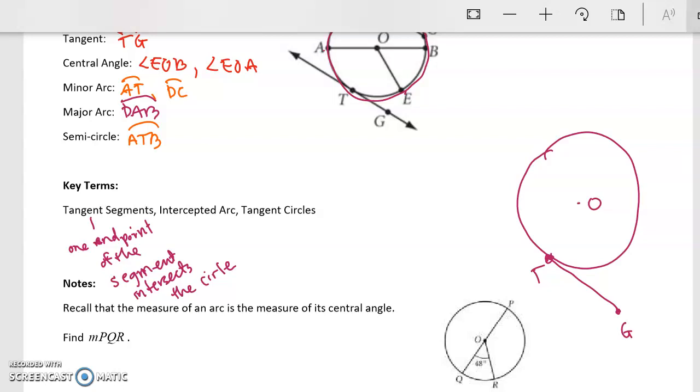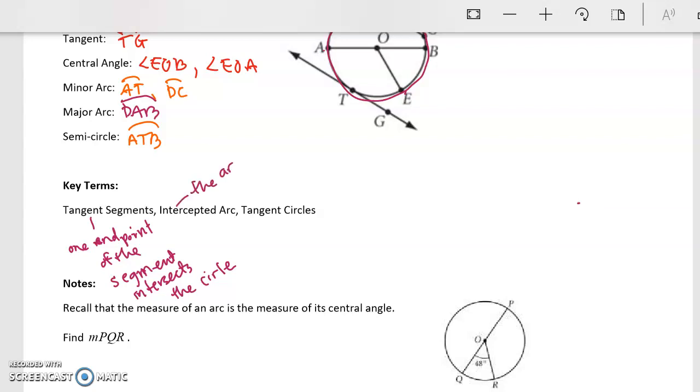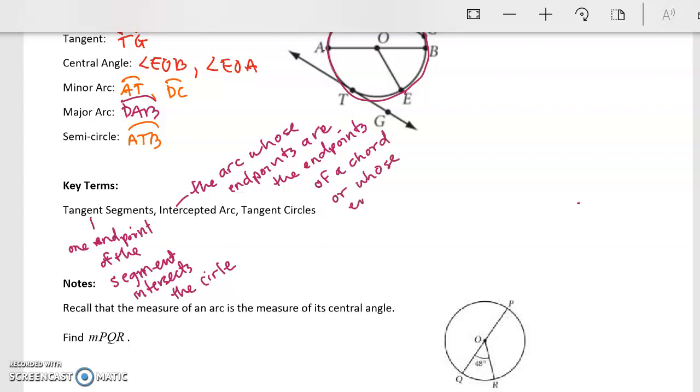An intercepted arc, this has to do with angles, or chords. So the intercepted arc is the arc whose endpoints are the endpoints of a chord or whose endpoints lie on the sides of an angle.